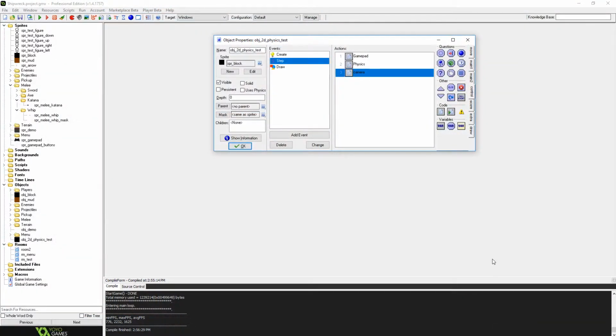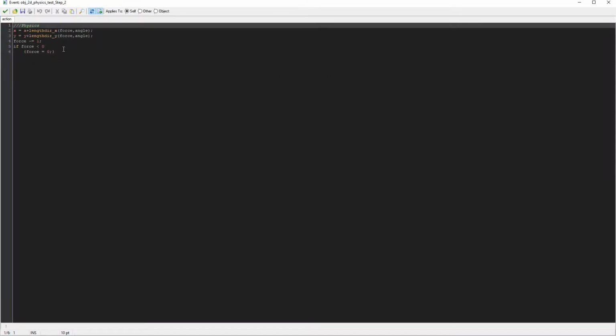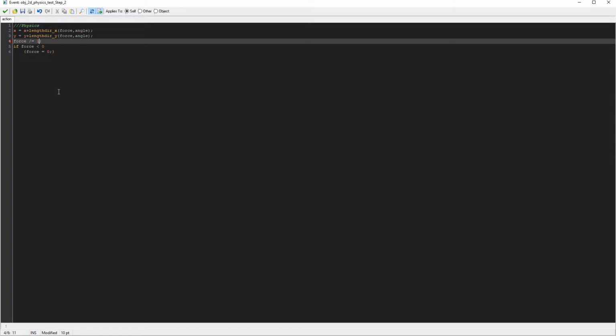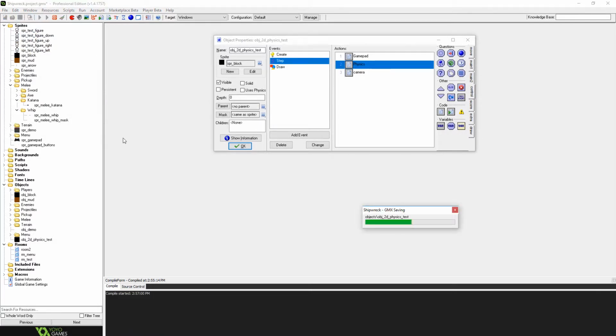Okay, so rather than having force go down by 1, let's try this, dividing it by 2.